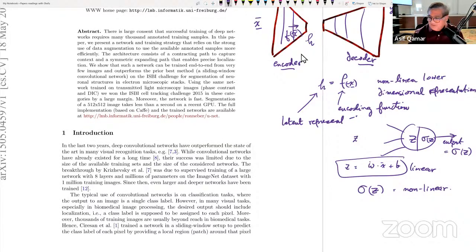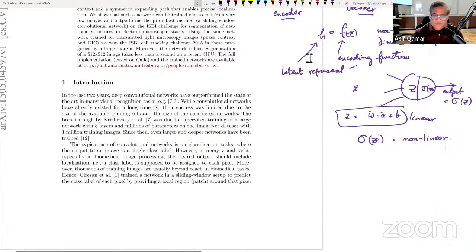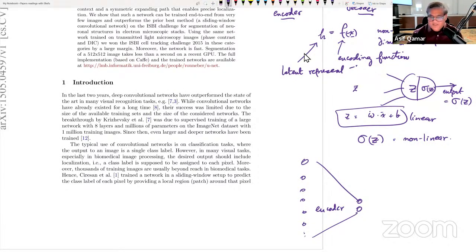The easiest encoder decoder you can think of is quite literally this: suppose you have an input like this, you reduce it down in a single shot to a lower dimensional representation. This is your encoder. And then you have a decoder. In reality, you don't have just a single layer encoder, you have a multi-layer encoder.